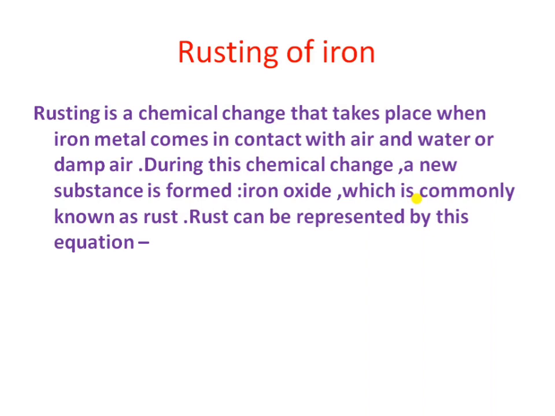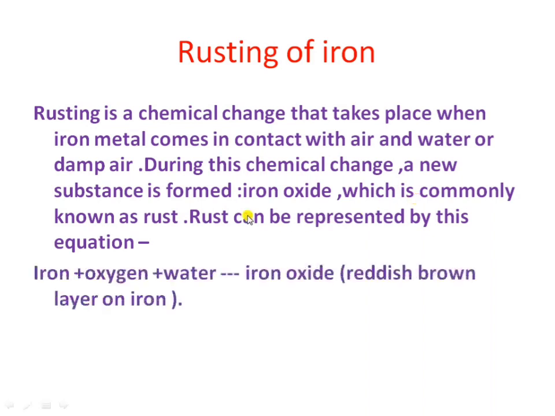Rust can be represented by this equation: when iron reacts with the oxygen present in the atmosphere and water, it forms iron oxide. The reddish brown layer on the iron is the iron oxide.